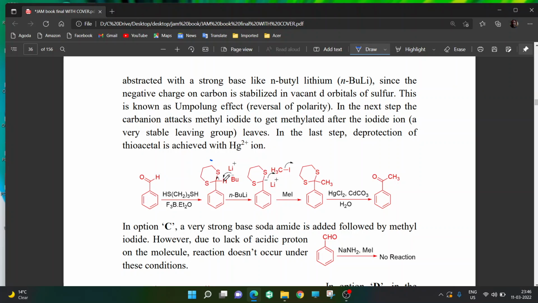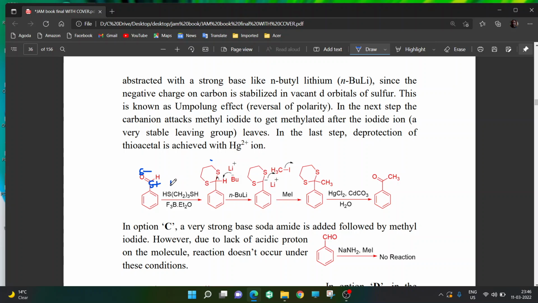then you can remove this proton, because once you get the negative charge, it is stabilized by this sulfur. This is called the Umpolung effect, or reversal of charges. Initially there is a positive polarity here. Why? Because oxygen pulls the electrons towards itself, so it has negative polarity, whereas this carbon has positive polarity.